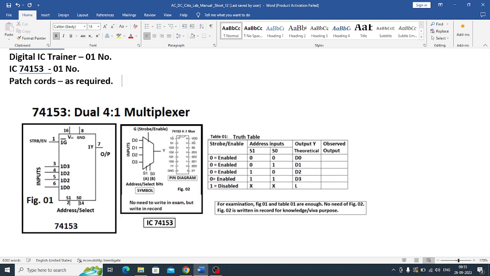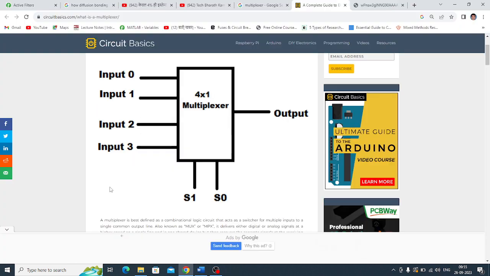So, which input should be pushed to the output? That depends upon the address selected by the circuit.